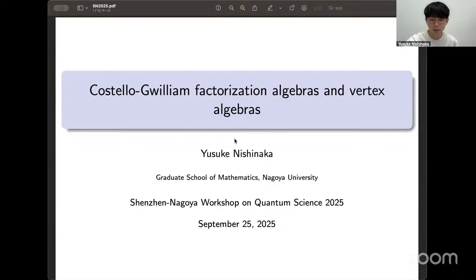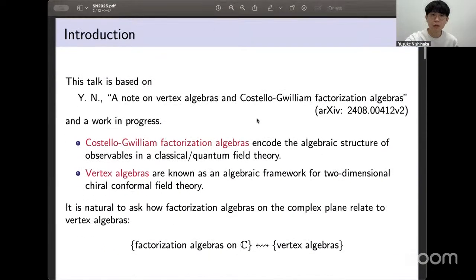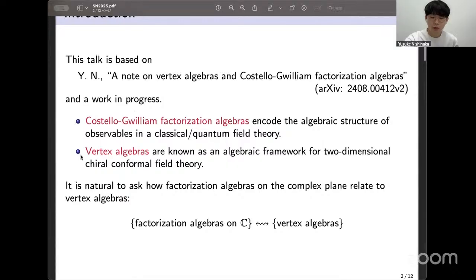Today, I will talk about the relationship between two notions, factorization algebras and vertex algebras. These two notions have their origins in physics, especially quantum field theory.